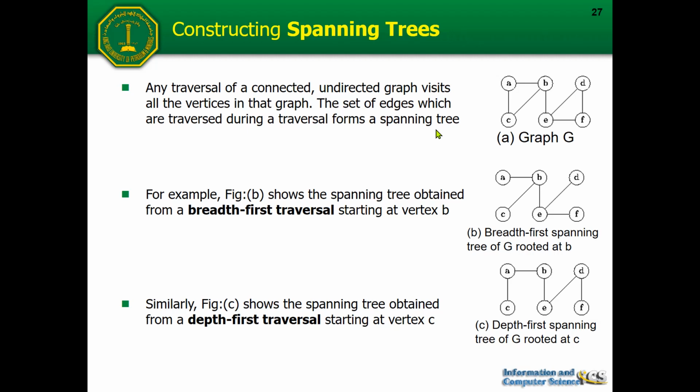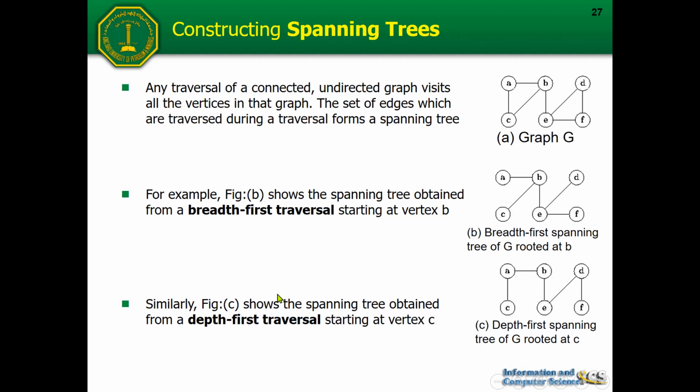The next one, constructing a spanning tree. Look at this. For example, now we have the graph G like this. You can see that actually we can get the corresponding spanning tree by using the traversal algorithms that we learned before. For example, if we apply the breadth-first traversal, then the corresponding spanning tree of this G will be like this.